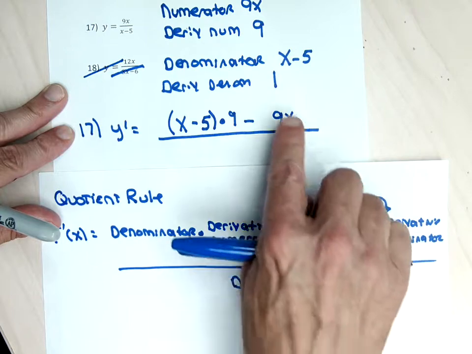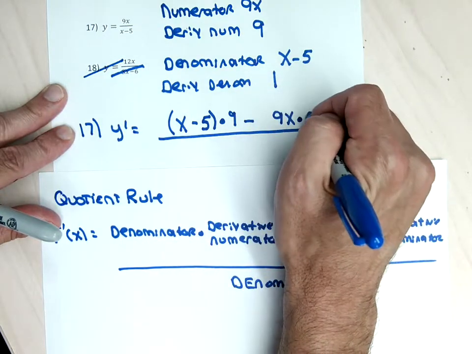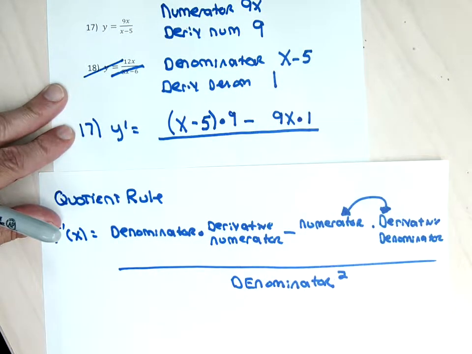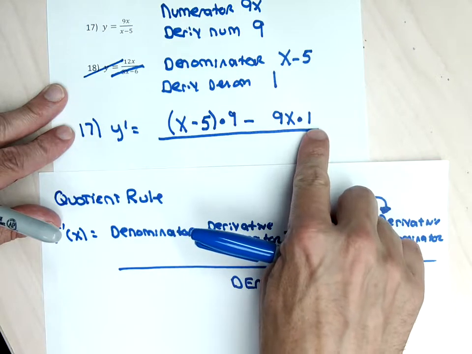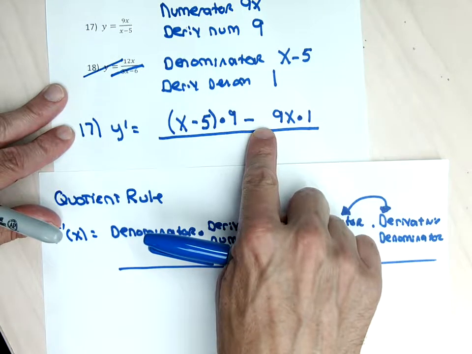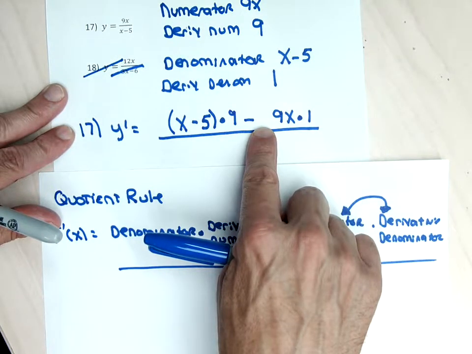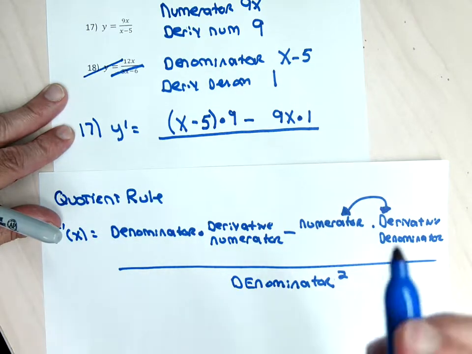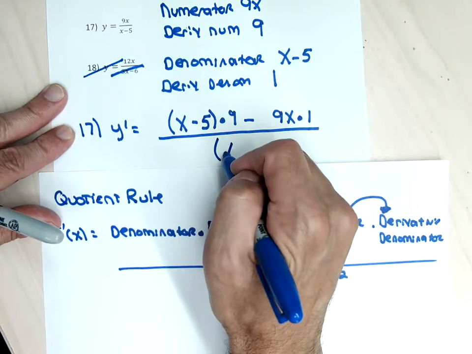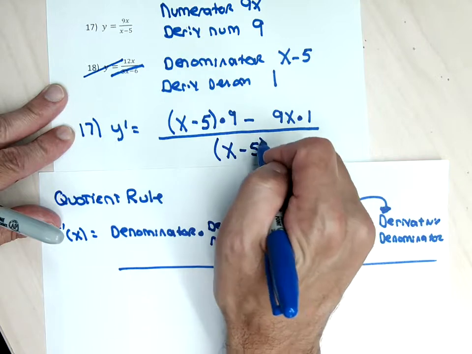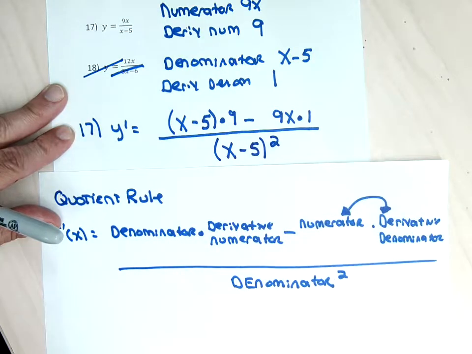I don't need to flip-flop there because multiplying by 1 is not worthy of writing it opposite. But I could have written the 1 before the 9x. I could have written minus 1 times 9x. And then all over the denominator squared. So the denominator squared is going to be that x minus 5 quantity squared.